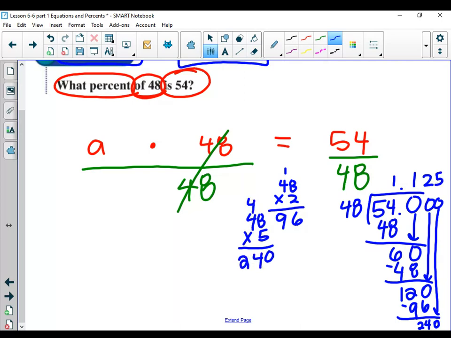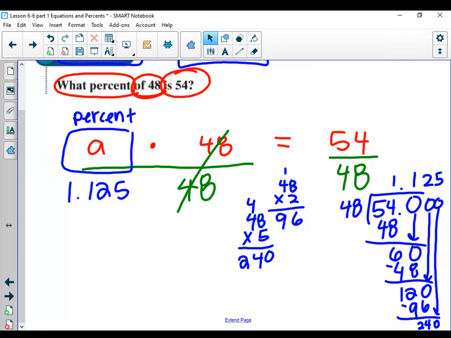Yes. Oh, remember? This was a percent. And right now I have a decimal. So how do I do decimal to percent? Let me back up in my notes here. Decimal to percent.